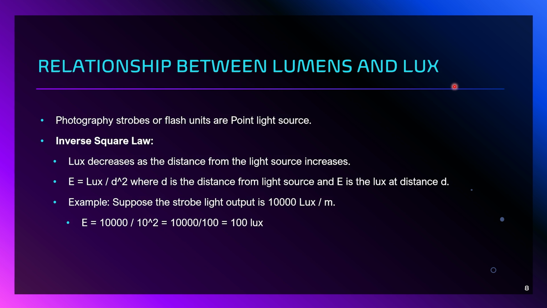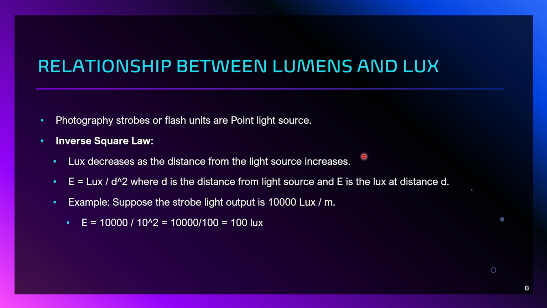Relationship between lumens and lux. When we are talking only from the photography perspective, we should understand that photography strobes or flash units are point light sources. To understand the relationship between lumens and lux, we should learn this equation: E equals lux divided by d squared. The inverse square law states that the lux decreases as the distance from the light source increases.